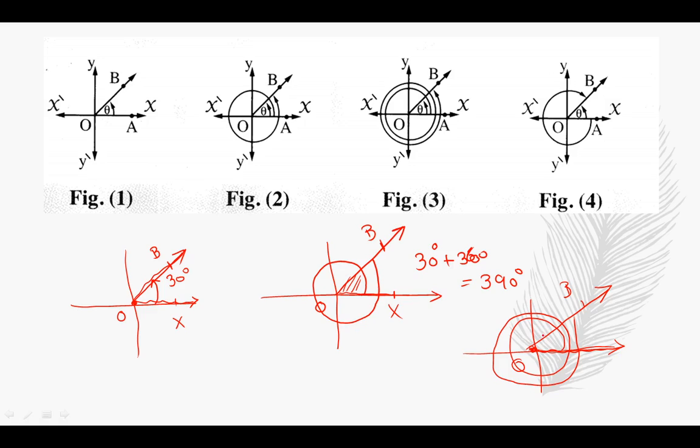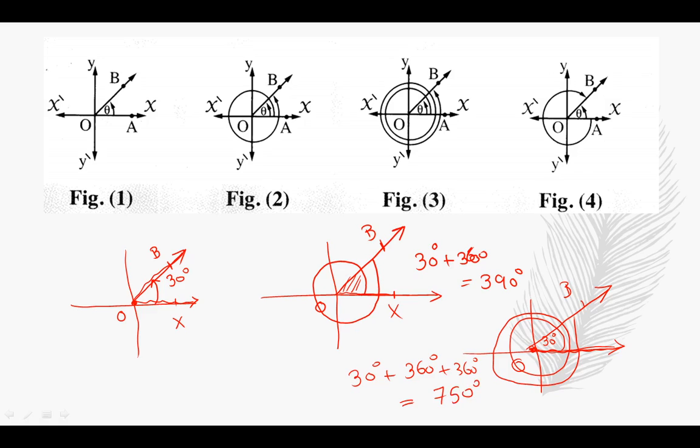So its measure is 30 plus two turns, 360 plus 360. So this equals 750.